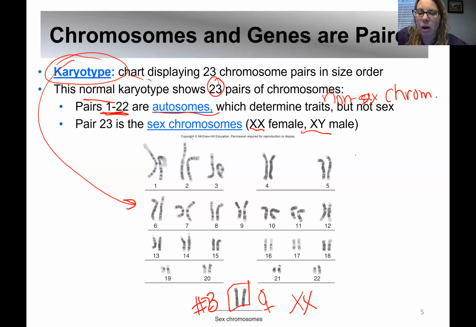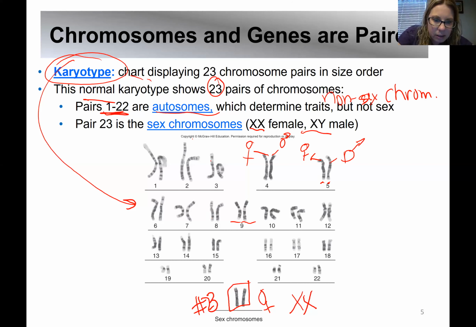This one on my right is going to be from dad, and this one is from mom, and then this one would also be from dad, and this one would be from mom, and so forth. So this is what your karyotype would look like. One of number 5 came from your mom, one of number 5 came from your dad, and one from 9 mom, one from 9 would also have come from dad.